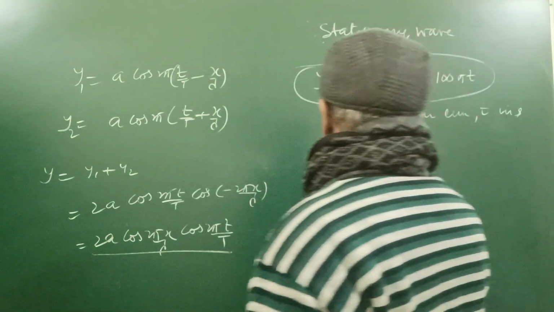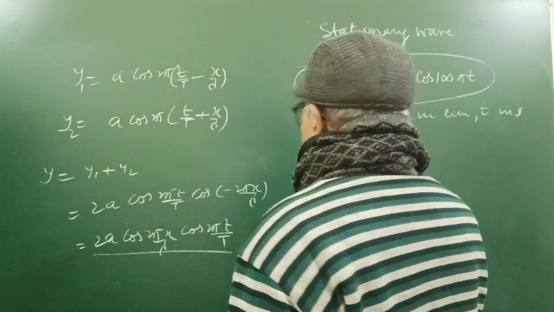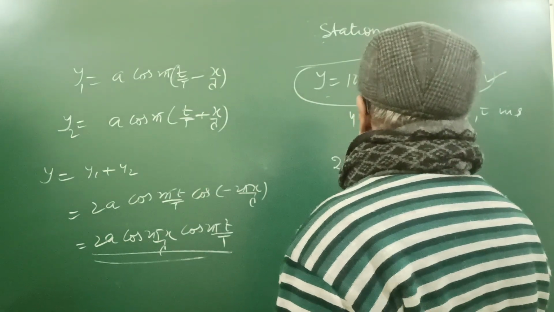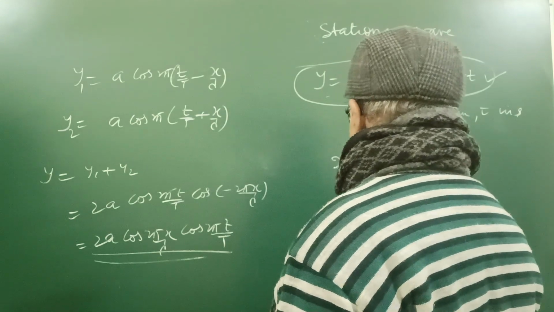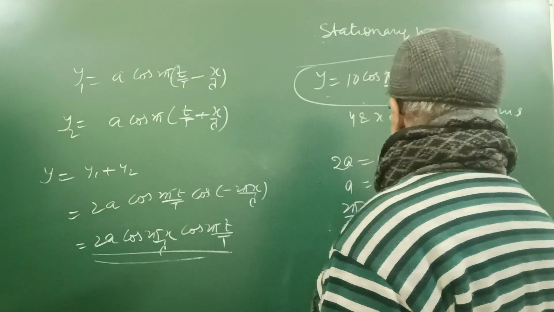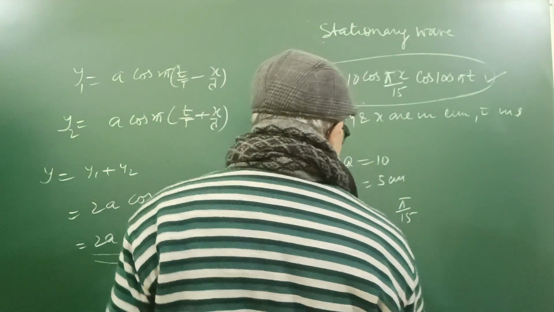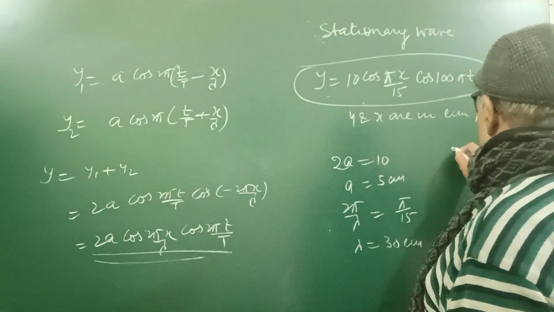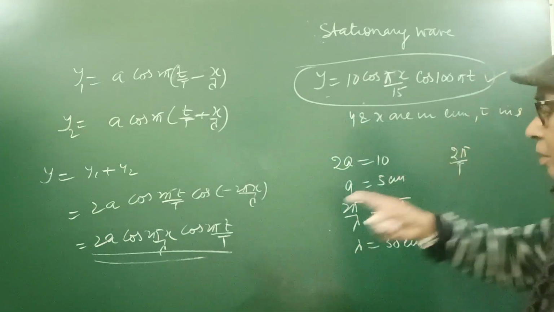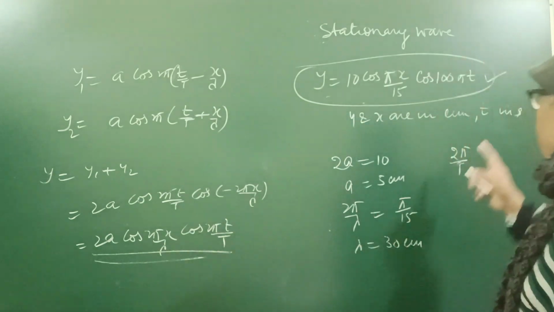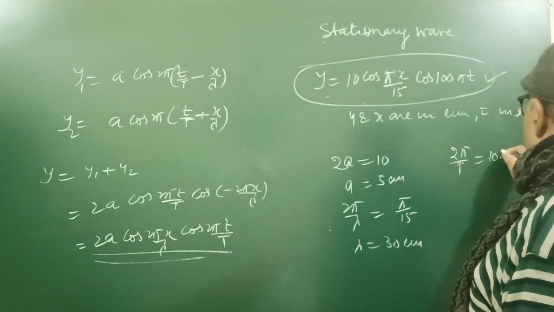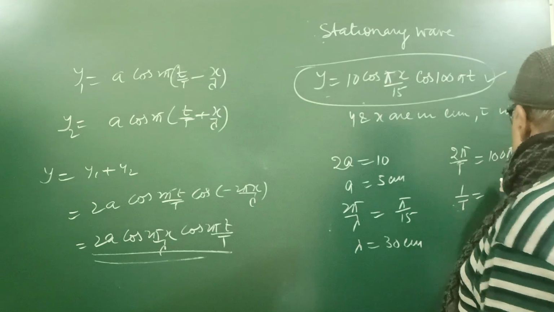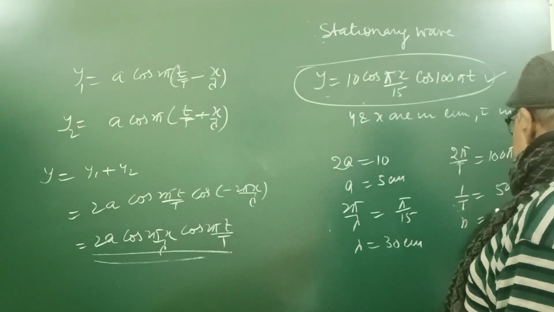If I compare, 2a equal to 5 centimeter, so the amplitude of the initial wave is 2.5 centimeter. 2 pi upon lambda is equal to pi upon 15, so lambda is equal to 30 centimeter. 2 pi upon T is equal to 100 pi, so 1 upon T is equal to 50, that is, frequency 50 hertz.